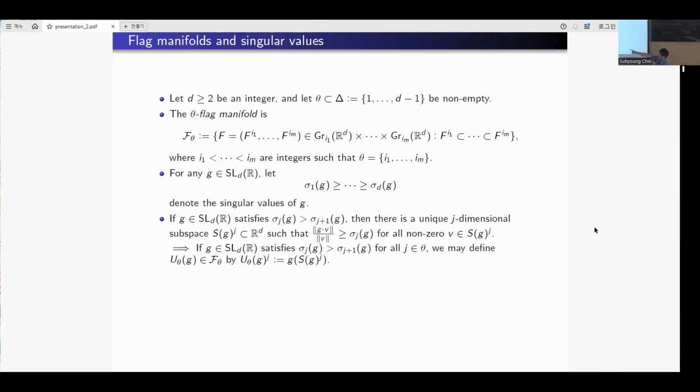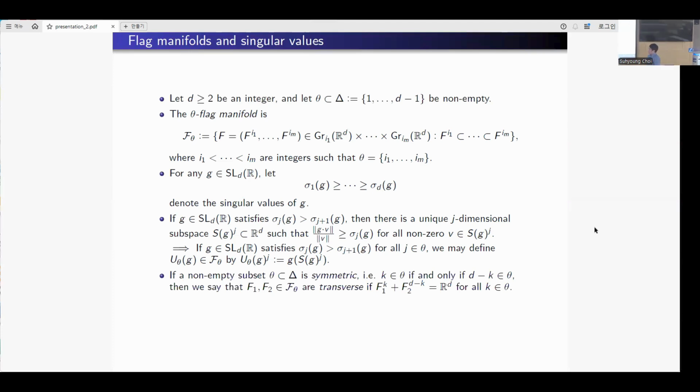The j-dimensional subspace of this flag is going to be the S_g^j that I described above, and you apply g to it. So you should think of S_g^j as the subspace that's maximally stretched by your group element, and you take that maximally stretched subspace and apply g to it. And that's going to be the j-dimensional subspace of my Theta flag, that's my U_Theta(g)^j. Any questions about this? Okay.